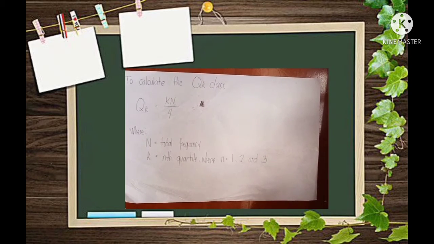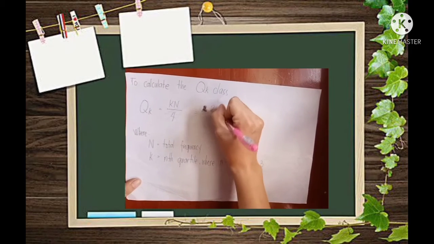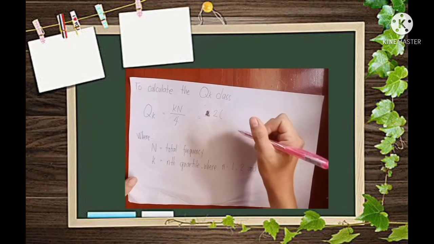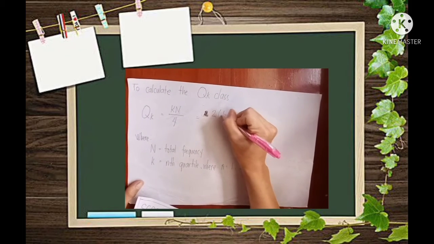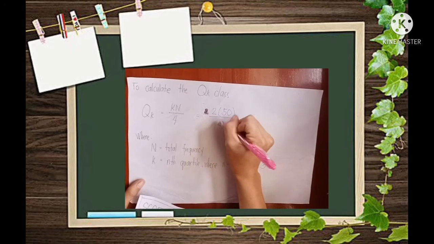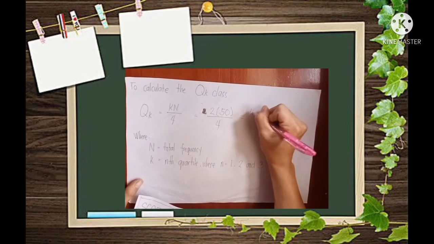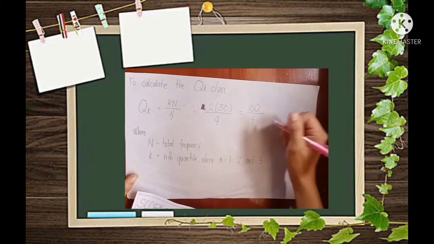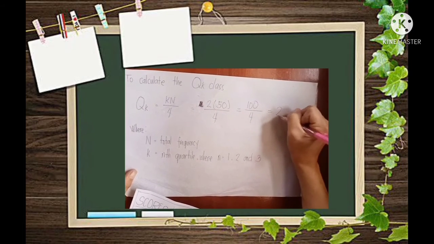So let's substitute. k is equal to 2 because we're going to find quartile 2, times N. N is 50, the total frequency, divided by 4. So 2 times 50 equals 100 over 4. 100 divided by 4 is equal to 25.